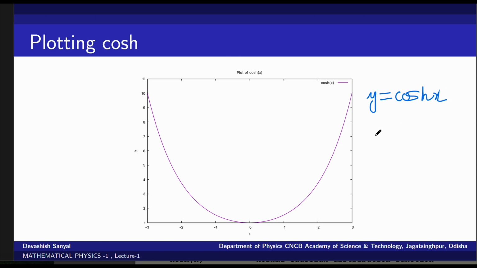This is my y, this is my x, this is the 0 on the x-axis, and this is the 1 on the y-axis. Let us see what the cos hyperbolic function is.